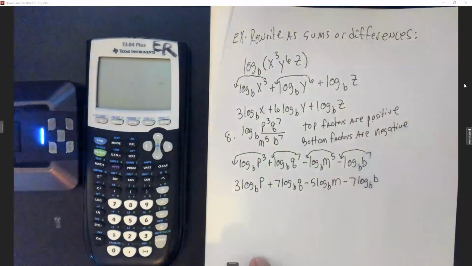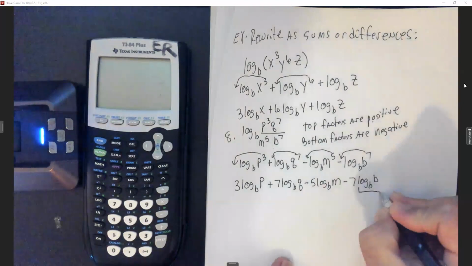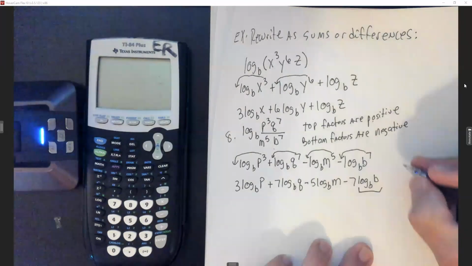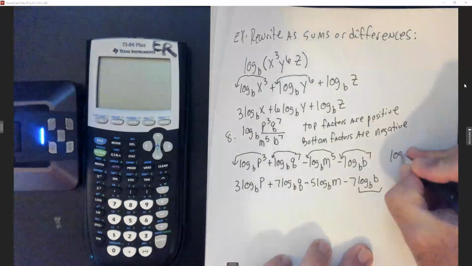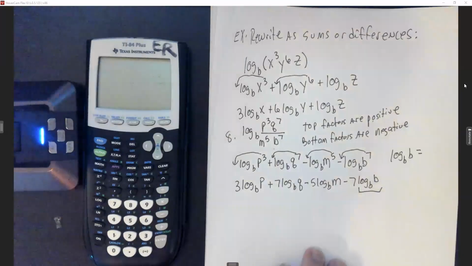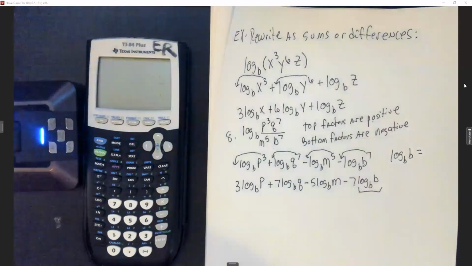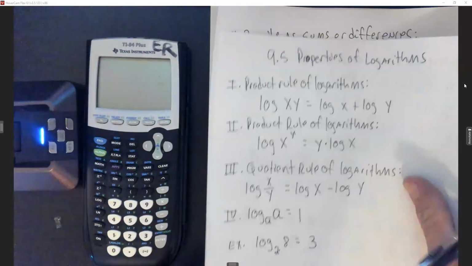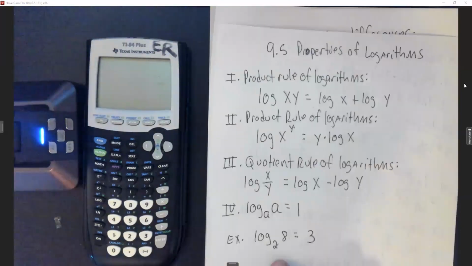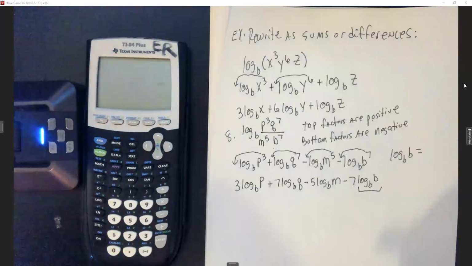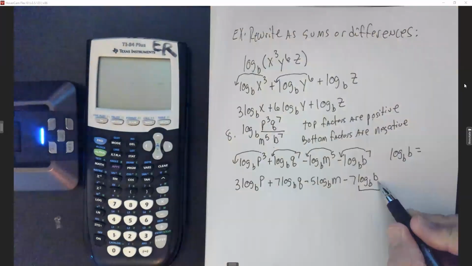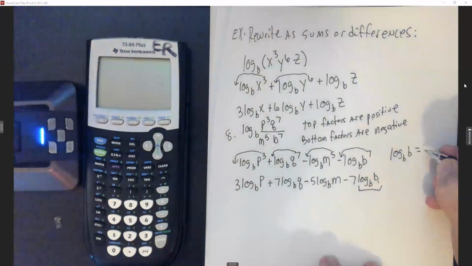Now, I'm going to tell you what, this problem can go one more step. And it's because of that log b of b. Log b of b, and if you remember, I gave you them properties a while ago up here. And I had this one that said log a of a equals 1. When that base matches that result, you get a 1. Well, y'all look at this. You got a log b of b. So the log b of b part equals 1.